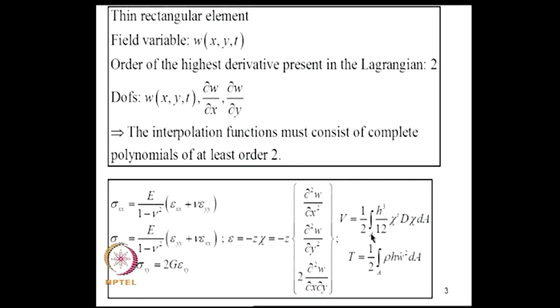The field variable present is w, and the order of the highest derivative present in the Lagrangian is 2. So, the degrees of freedom should include the field variables and all its derivatives up to order 2 minus 1, which is w, dou w by dou x and dou w by dou y. At every node, therefore, there should be 3 degrees of freedom. So, the interpolation functions must consist of complete polynomials of at least order 2.